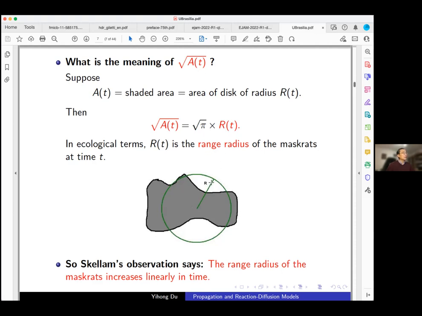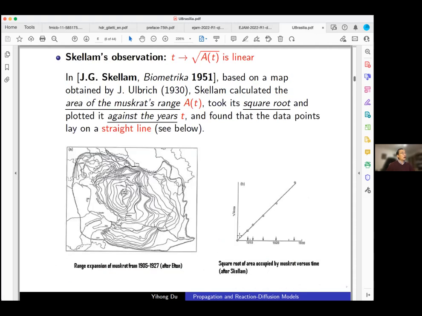The range radius is basically a quantity that gives you a rough idea, like an average distance of the front from the original place. So now Skellam's observation really says that the range radius of muskrats increases linearly in time. And if it's linear in time, then the slope of this straight line would be the rate of increase.